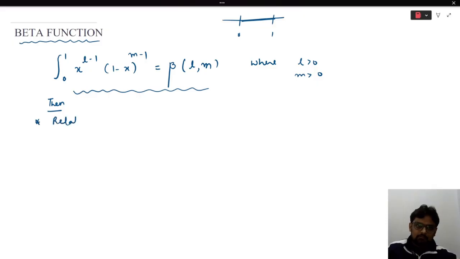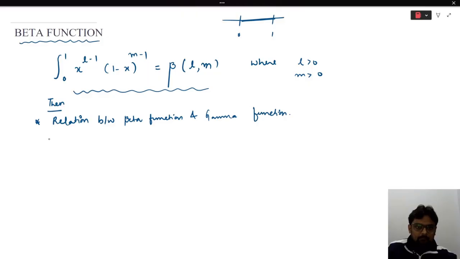Relation between beta function and gamma function. So this is important.